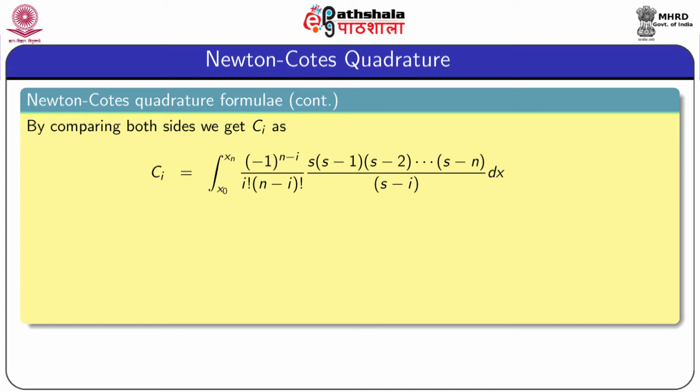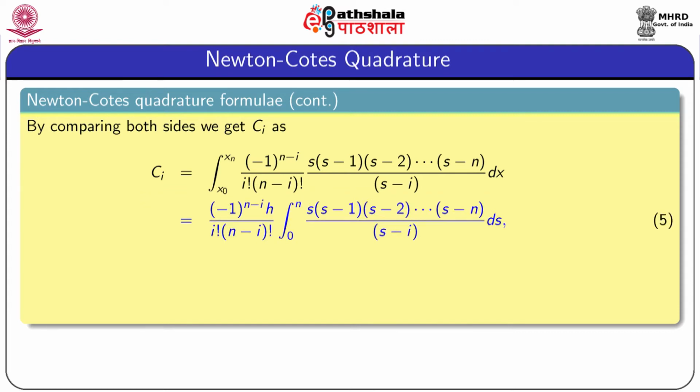By comparing both sides, we get ci equal to the integral from x0 to xn of (minus 1) to the power (n minus i) by factorial (n minus i) into a polynomial of degree n, which is nothing but s into (s minus 1) into (s minus 2) up to (s minus n) by (s minus i) dx. Now we replace the variable x by s, that means dx is equal to h into ds, and the upper and lower limits of the integration are changed to 0 to n.